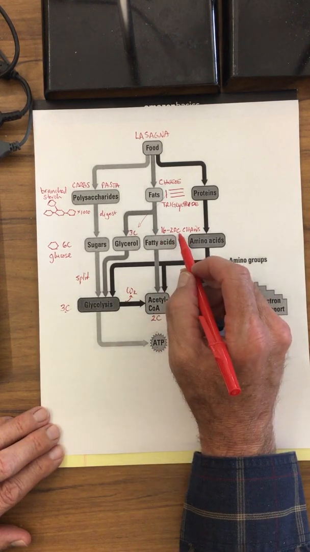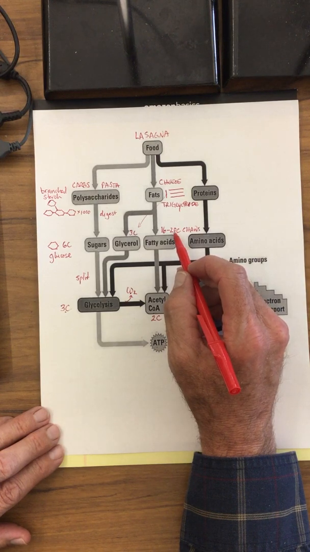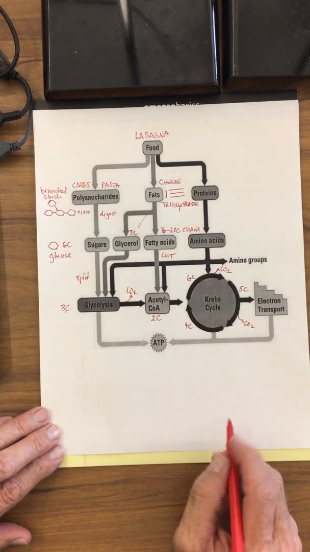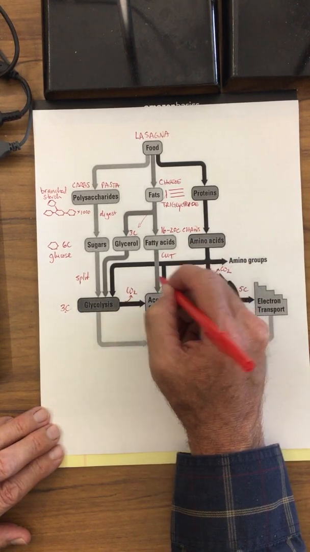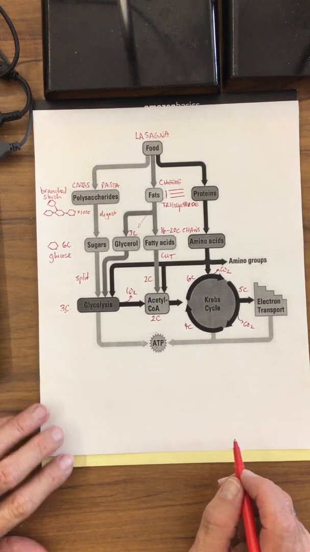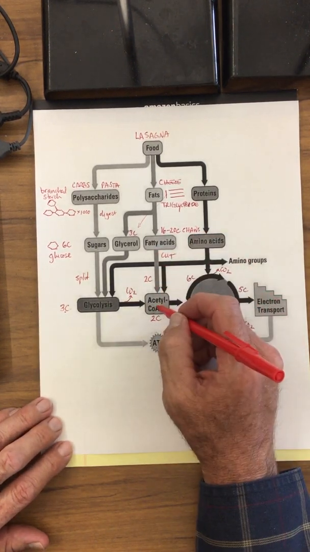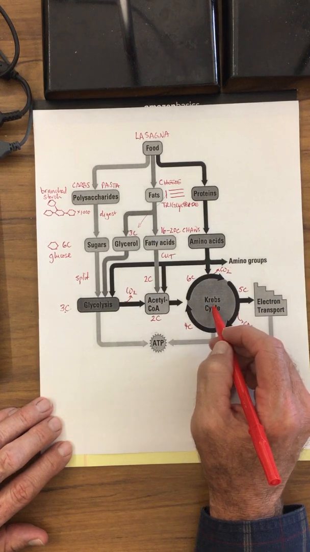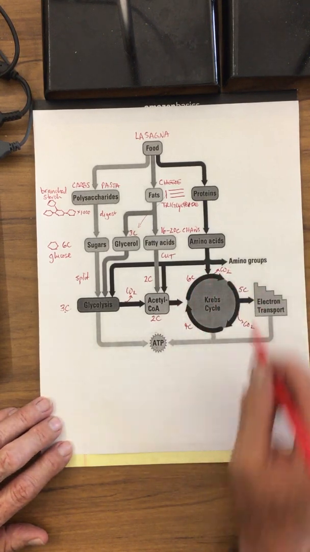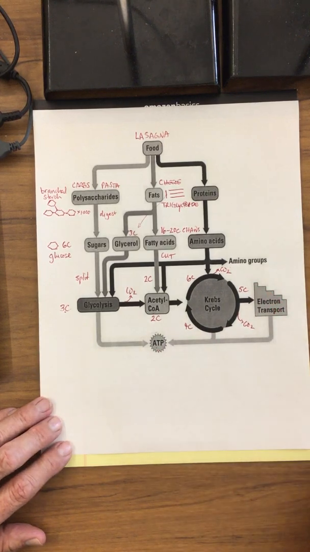These 16 to 20 carbon chains, these are carbon, carbon, carbon, carbon chains. These guys are cut into 2 carbons. So you have these 2 carbons that now are going to enter, at this point right here, into the Krebs cycle, releasing carbon dioxide, making energy to produce ATP.